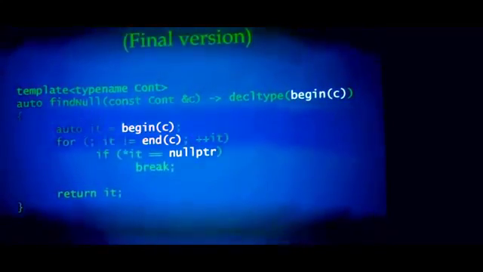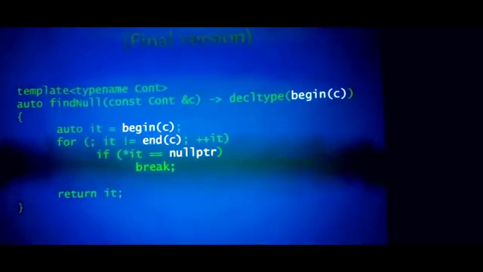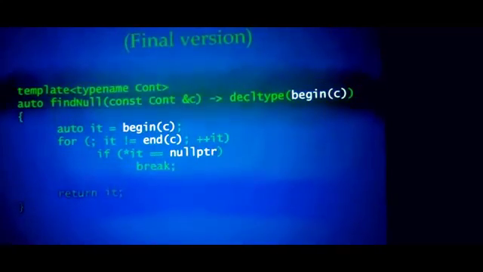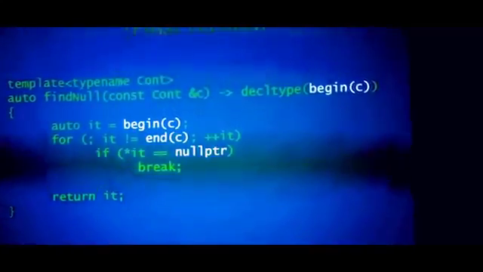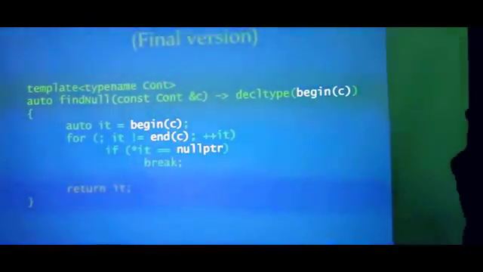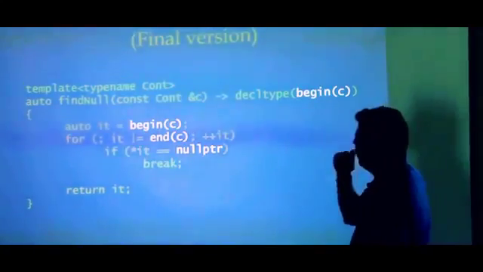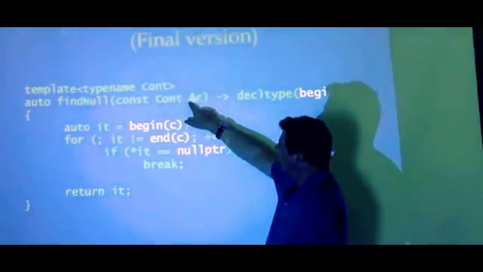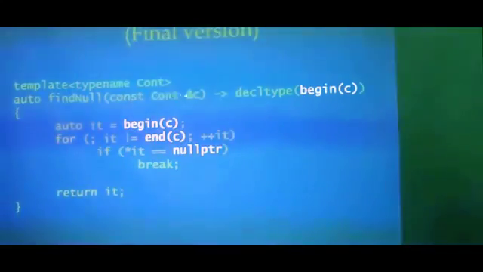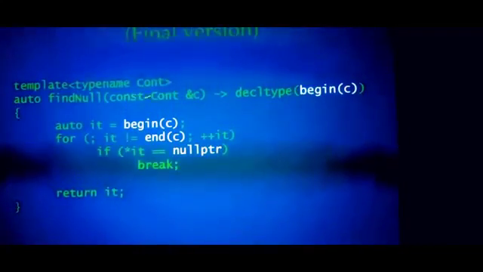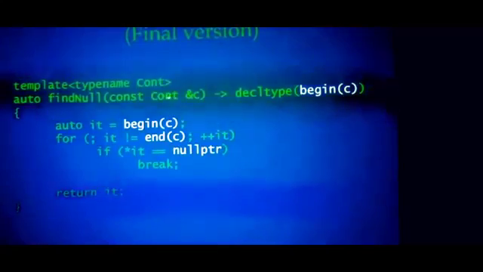Since it makes no sense to say iterator dot begin, it wouldn't make any sense to say begin open paren iterator. Is that what you meant? So will find null work on a native array? Well, no, because this is declared as a reference to a const type.